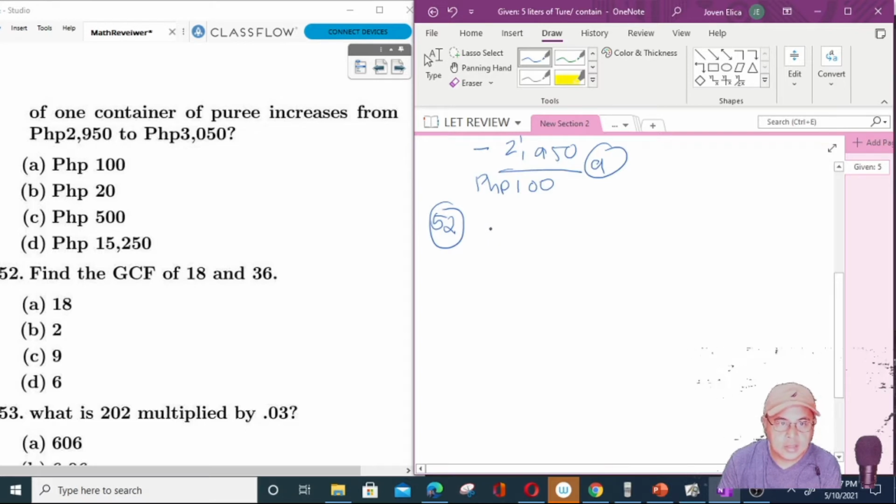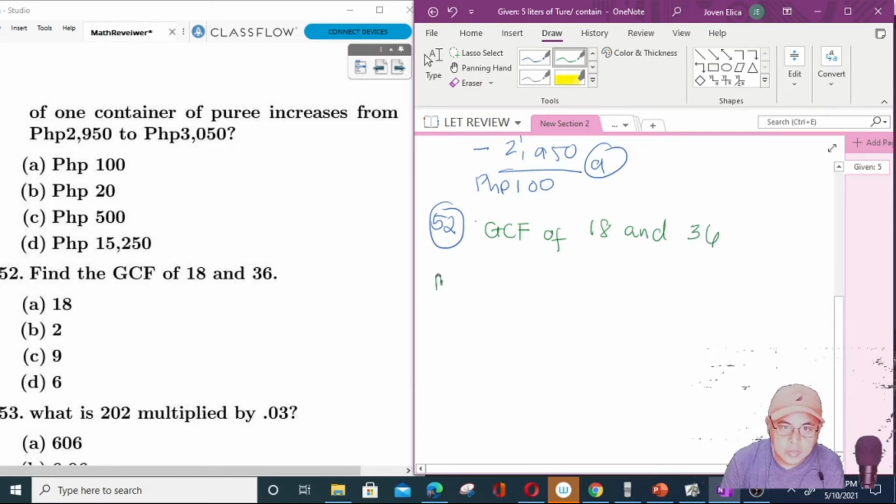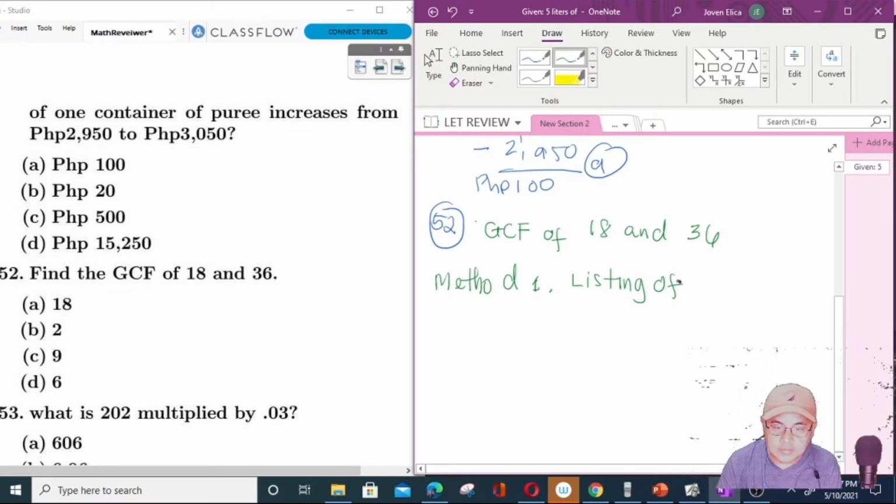The method one, again, we are asked to find the GCF, or the greatest common factor, of 18 and 36. So for method 1, we can use the first method, which is called the listing of factors or divisors.